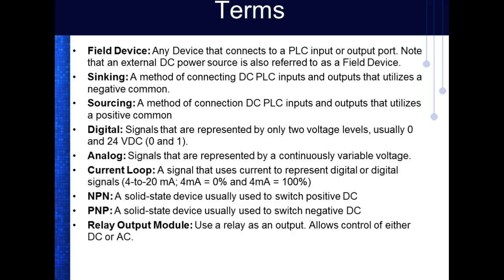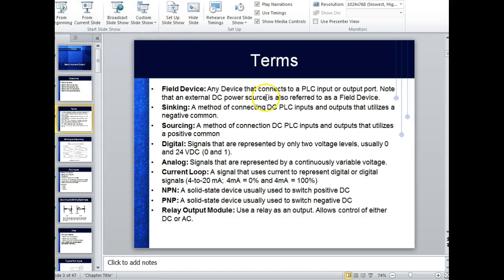Usually when we talk about analog, we're talking about voltages. Then we have another thing called a current loop, a signal that uses current to represent analog or digital signals. By the way, I just worked on this over the weekend, so watch out for mistakes.